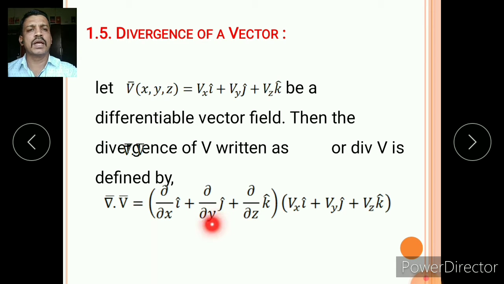Similarly, when we multiply ∂/∂y j with vy j, j dot j is 1, therefore you will get ∂vy/∂y. And the third term, ∂/∂z k multiplied with vz k, k dot k is also 1, therefore you will get ∂vz/∂z. And if we multiply i with vy j, i dot j is 0, therefore the whole term becomes 0. If we multiply i with k, that term will also be 0.